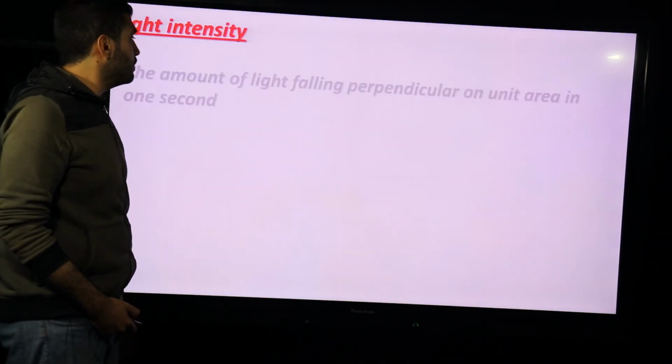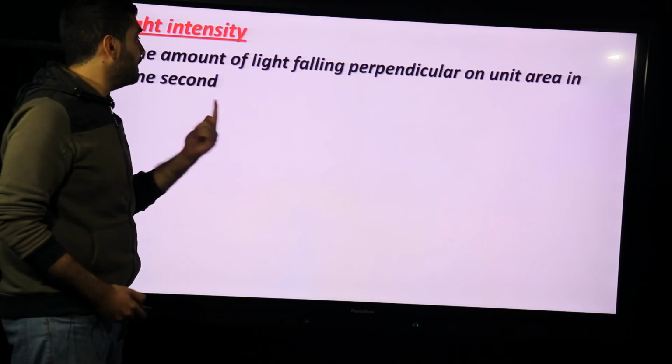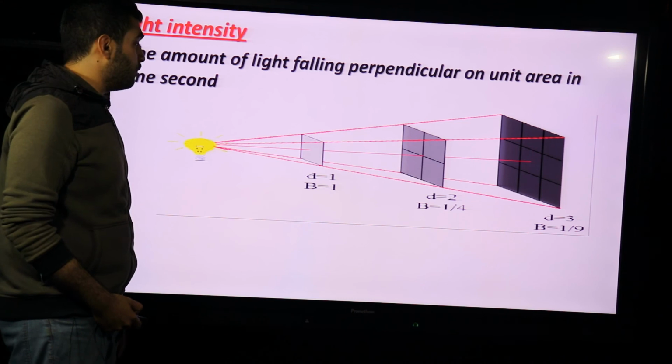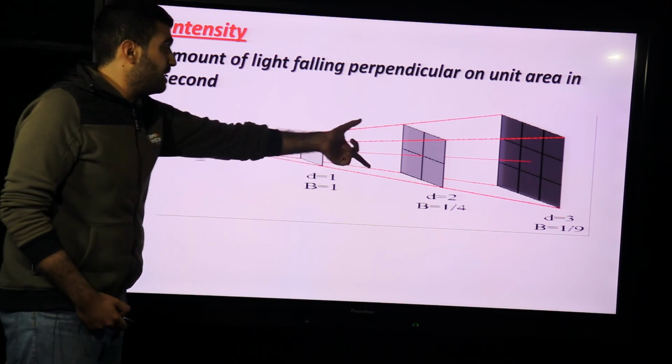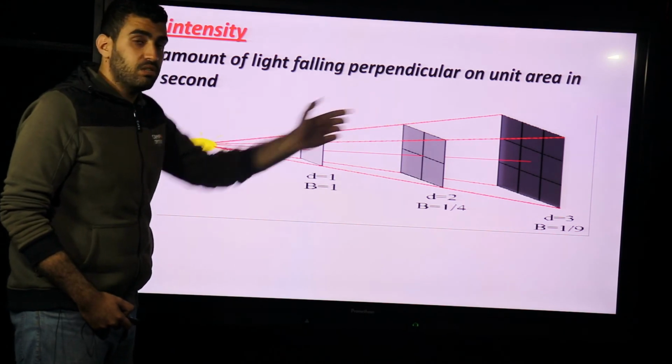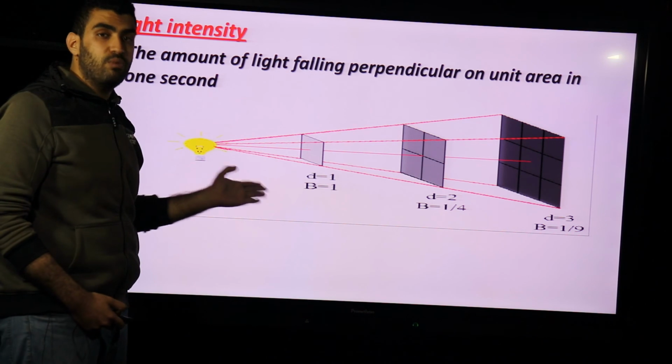The light intensity, or the concentration of light at one point, means the amount of light falling perpendicular on a unit area in 1 second. For example, in this case, most of the light is concentrated. Here there is less concentration. So by increasing the distance, the light intensity decreases.